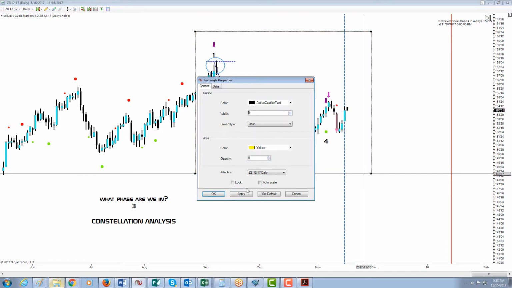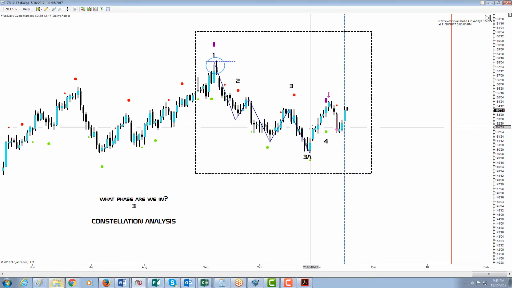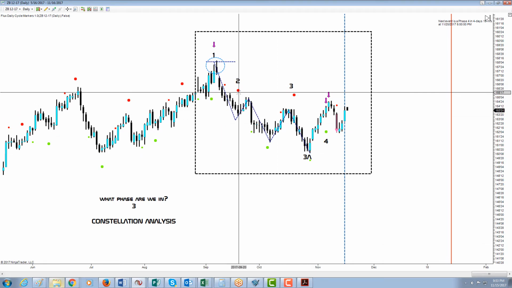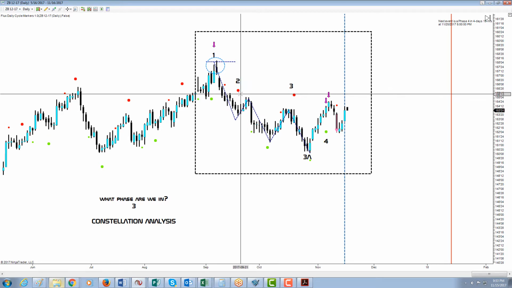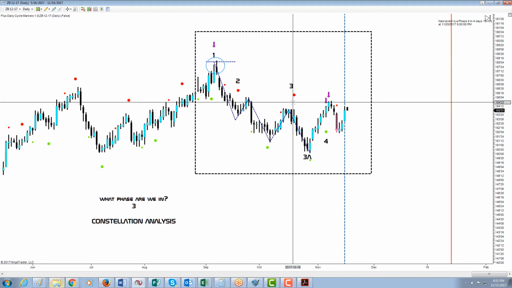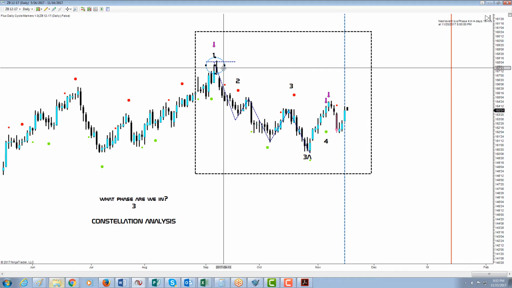So the components of this constellation involve 3 waves down, where each of the highs of the 2 waves are surrounded or near a phase 2 signal. And so I sort of have these 3 components.